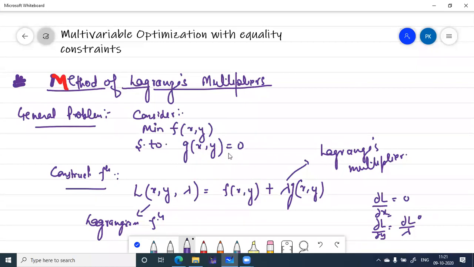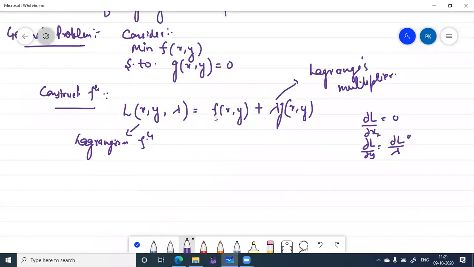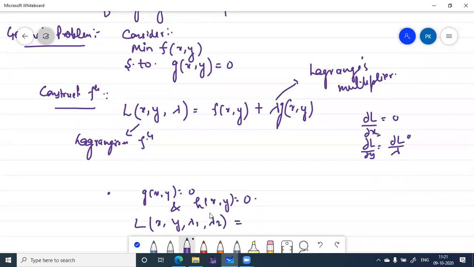Suppose we have two constraints. The Lagrangian multiplier method in case of two or more constraints: suppose g of x, y equals 0 and h of x, y equals 0. Then the Lagrangian function will consist of two parameters, lambda 1 and lambda 2, and the complete function will be f of x, y plus lambda 1 g of x, y plus lambda 2 h of x, y.